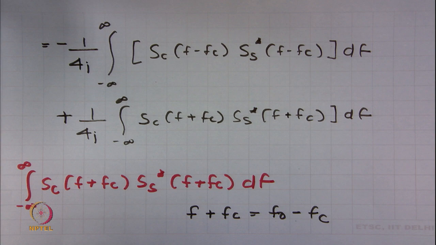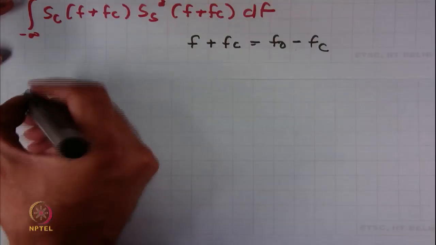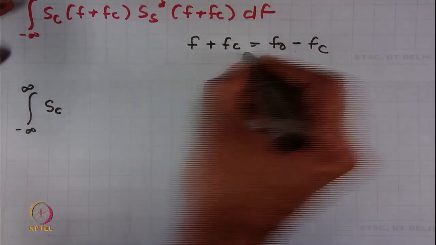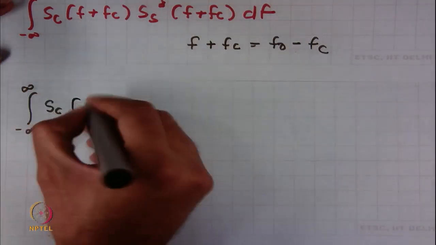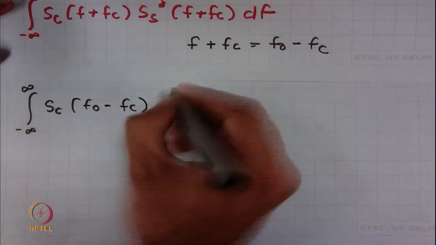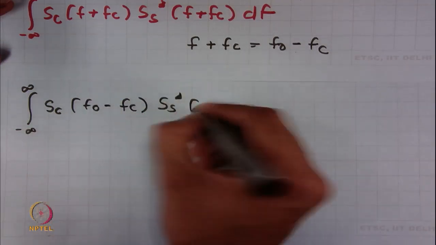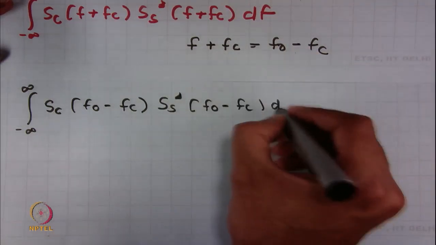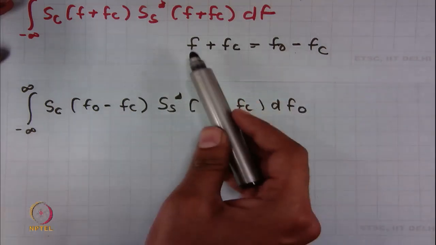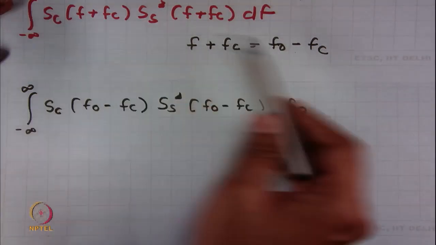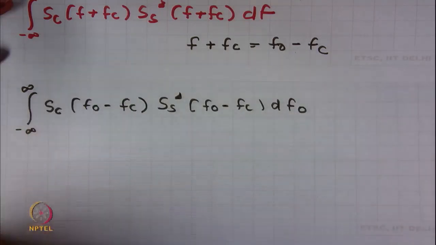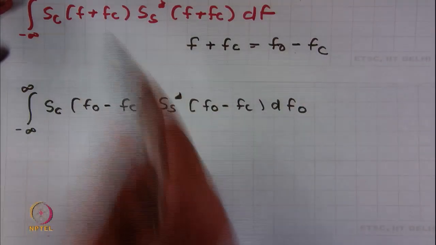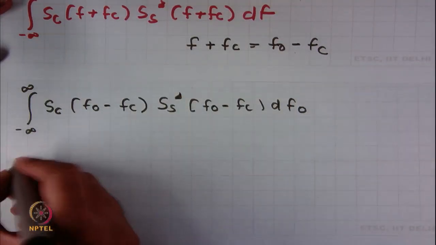So, I can write this integration as S_C, and f plus f_c can be replaced by f naught minus f_c. So, we would have S_S conjugate f naught minus f_c, df is nothing but df naught, and because f was varying from minus infinity to plus infinity, f naught will also vary from minus infinity to plus infinity.